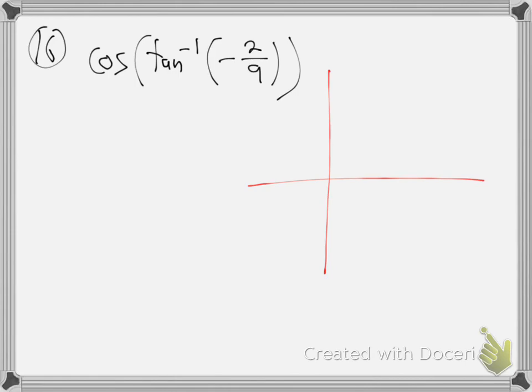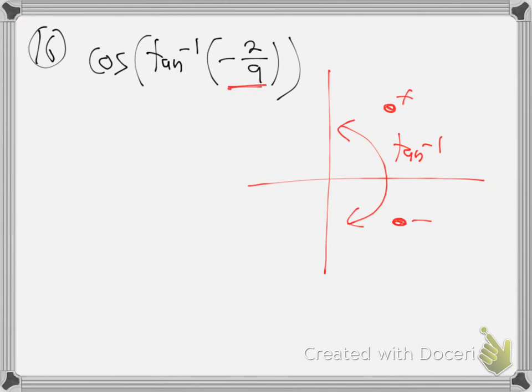So tangent inverse is these two quadrants, right? Sine inverse and tangent inverse are the right two quadrants, first and fourth. Cosine inverse is the top two, first and second. And up here in the first is where all the functions are positive, and down here is where the tangent will have its negative values.